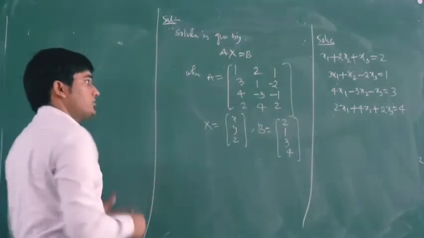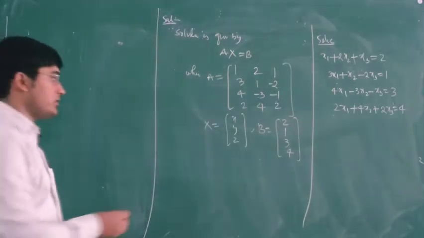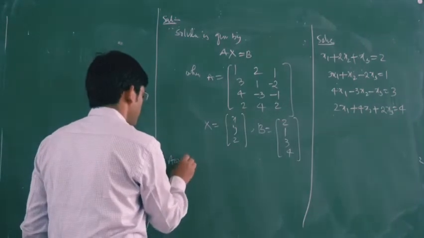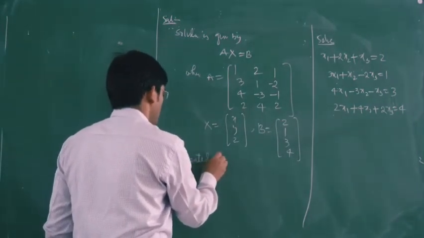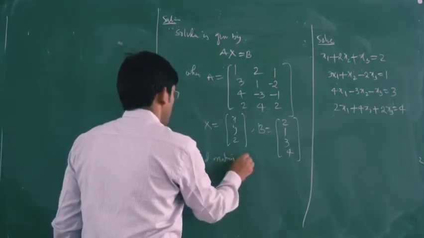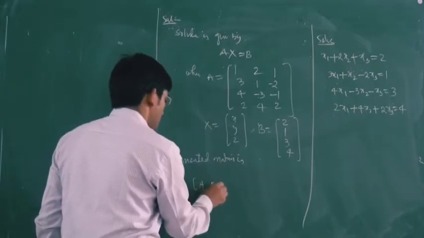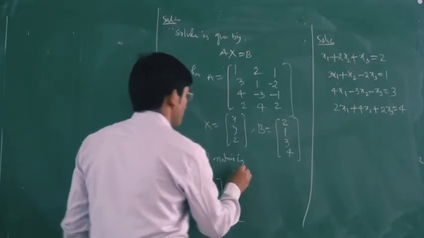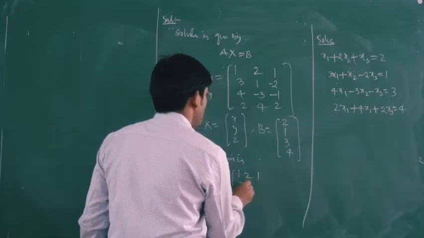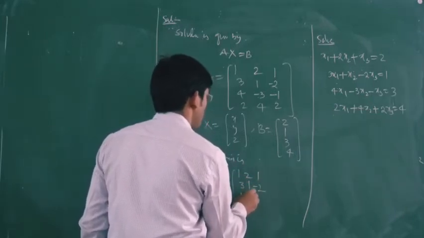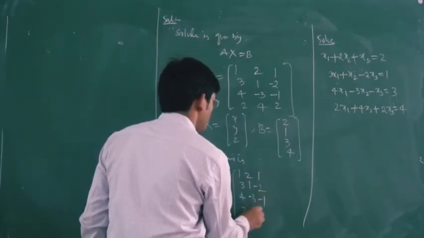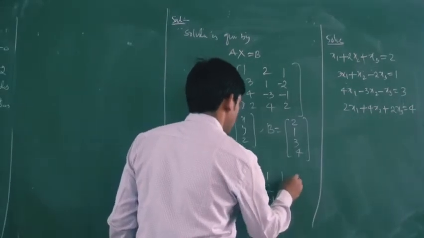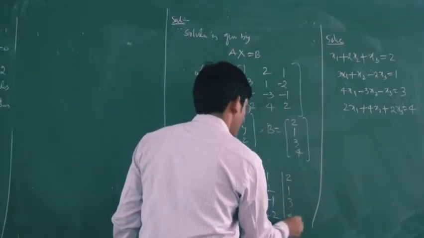Now, as the system of equations is non-homogeneous, the augmented matrix [A|B] is [1, 2, 1 | 2; 3, 1, -2 | 1; 4, -3, -1 | 3; 2, 4, 2 | 4].